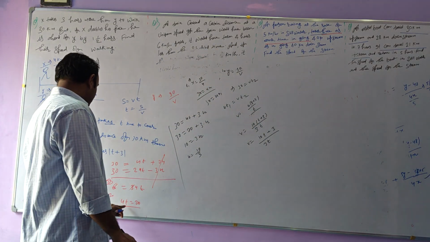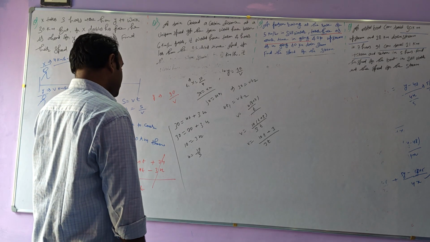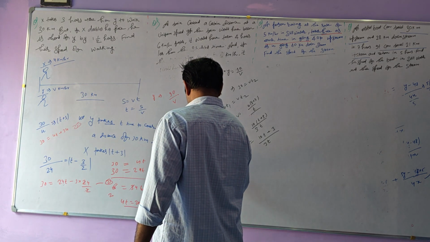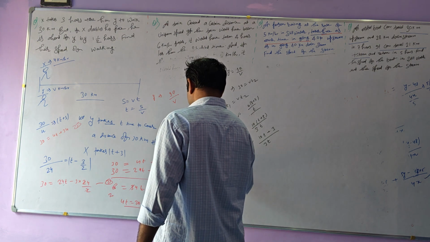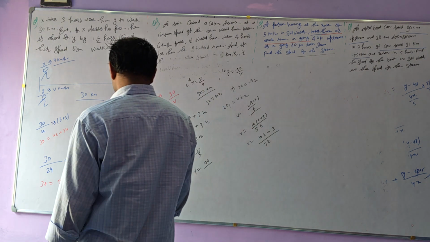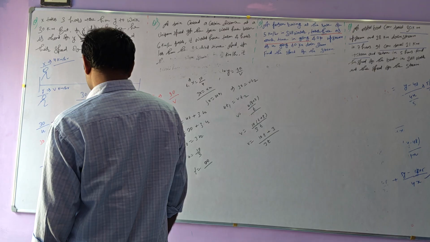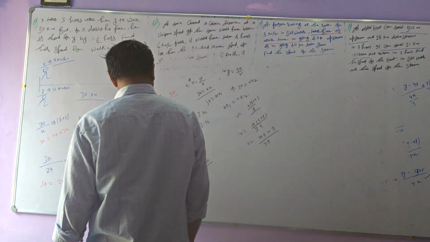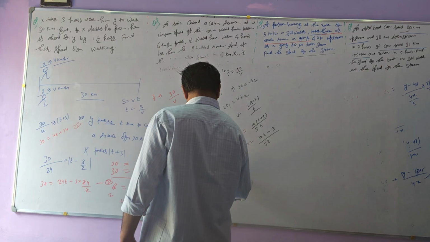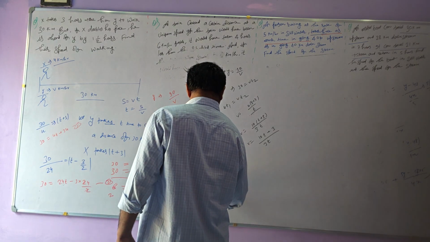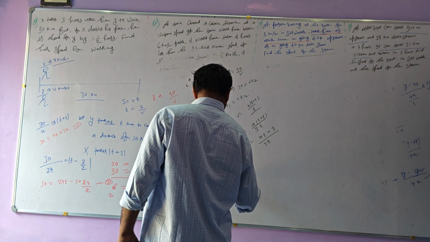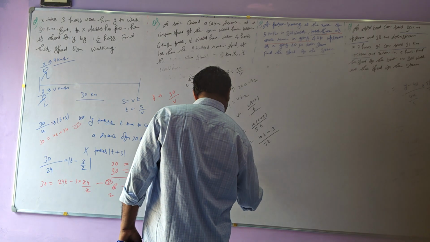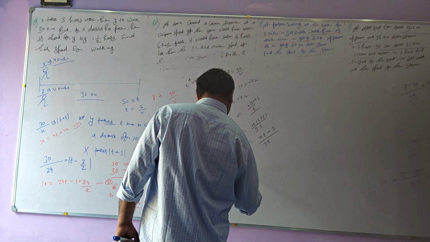And we get t is equal to 20 upon 10 upon 3, that becomes 3 into 20 upon 10, that is 6.